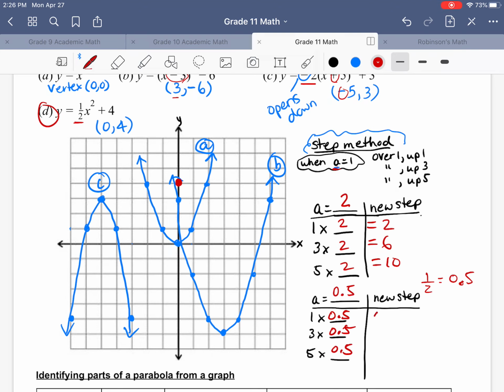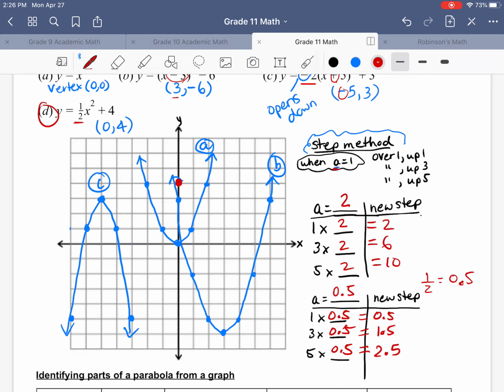So 1 times 0.5 gives us 0.5 or 1/2. 3 times 0.5 gives us 1.5. And 5 times 0.5 gives us 2.5. So these are our new steps, 0.5, 1.5, and 2.5.